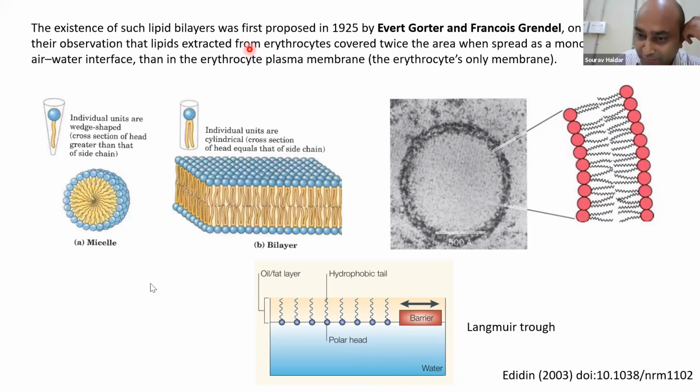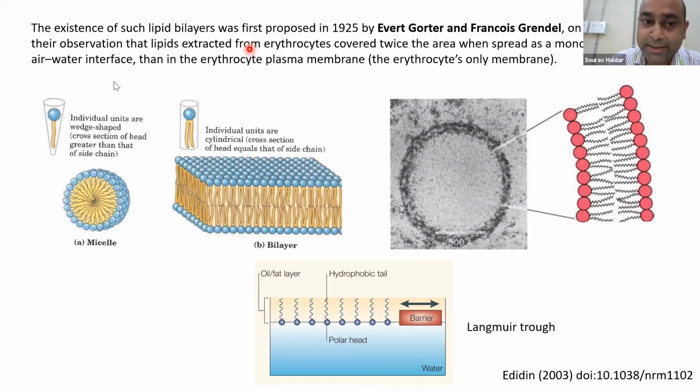And this is one of the very crucial experiments that led to the concept of what is known today as the fluid mosaic model. And that basic experiment was carried out by Gorter and Grendel. They did a very intelligent experiment.